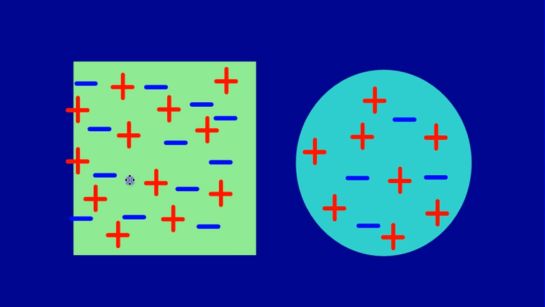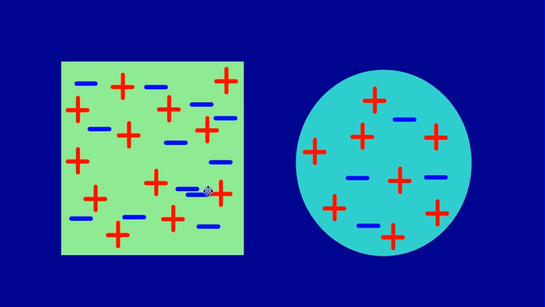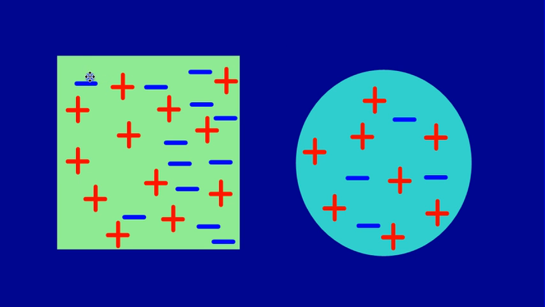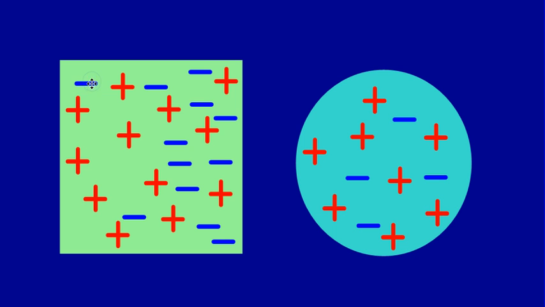Now, of course, not all of them are going to move super close because they are repelled from each other. But there is a general movement of these negative charges so that they are, in general, closer to this circle.